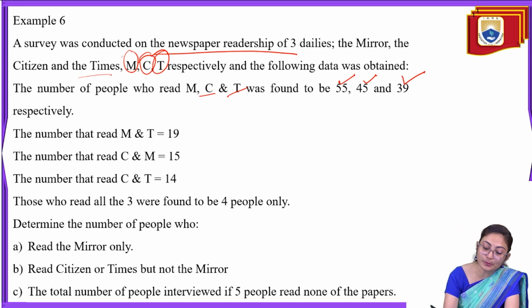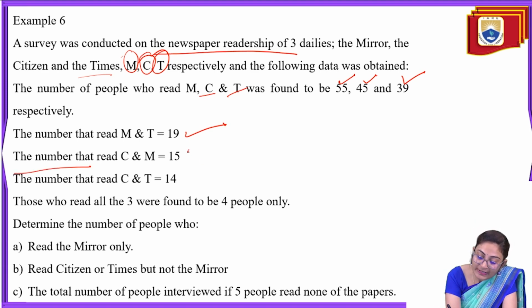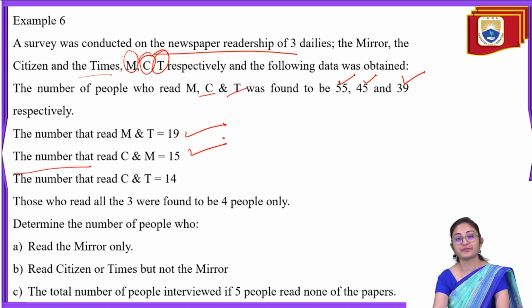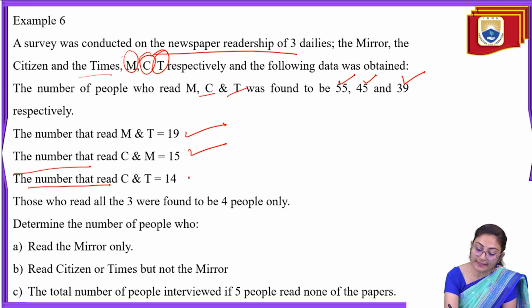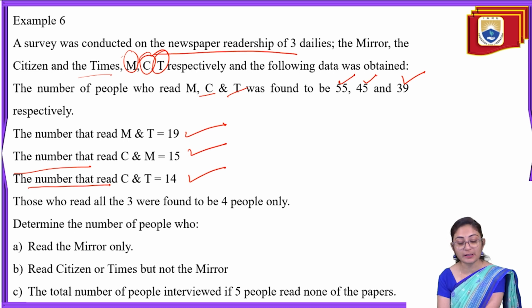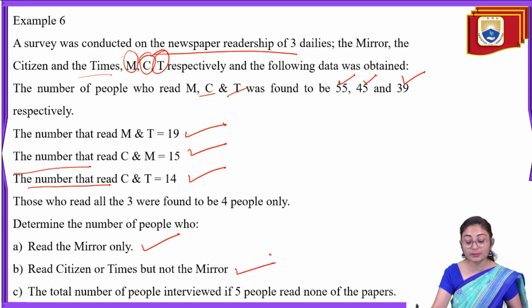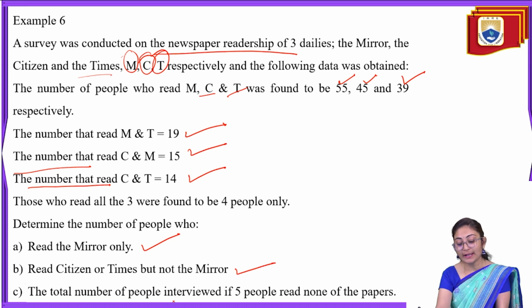Now the number that read Mirror and the Times, that is 19. Number that read Citizen and Mirror, that is 15. Number that read Citizen and Times, that is 14. Now determine the number of people who read the Mirror only, who read the Citizen or Times but not the Mirror, and the total number of people interviewed if 5 people read none of the papers.